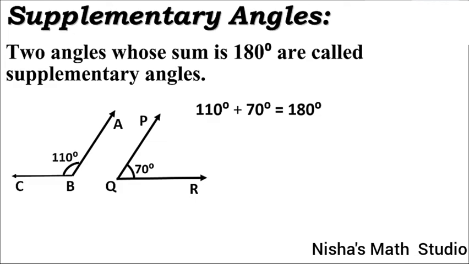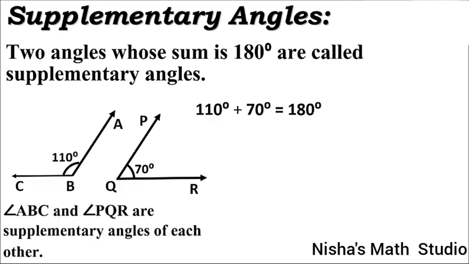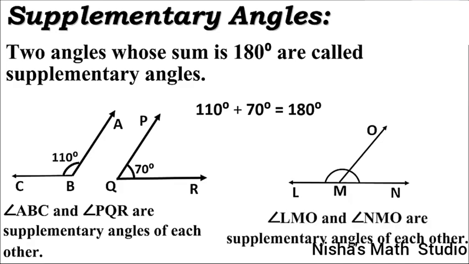Therefore, the given two angles are supplementary angles, or we can say that angle ABC and angle PQR are supplementary angles of each other. The linear pair of angles, that is the two angles on the same line which measure 180 degree, are also called supplementary angles.